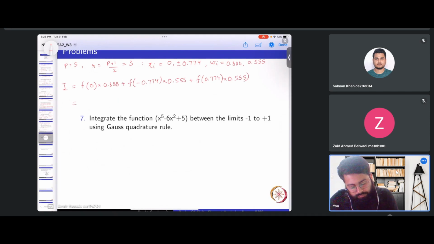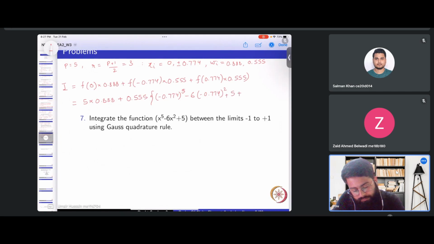The value of the function at 0 is just 5. We'll take 0.888 common. So the function at minus 0.774 is minus 0.774 to the power 5 minus 6 times 0.774 squared plus 5.